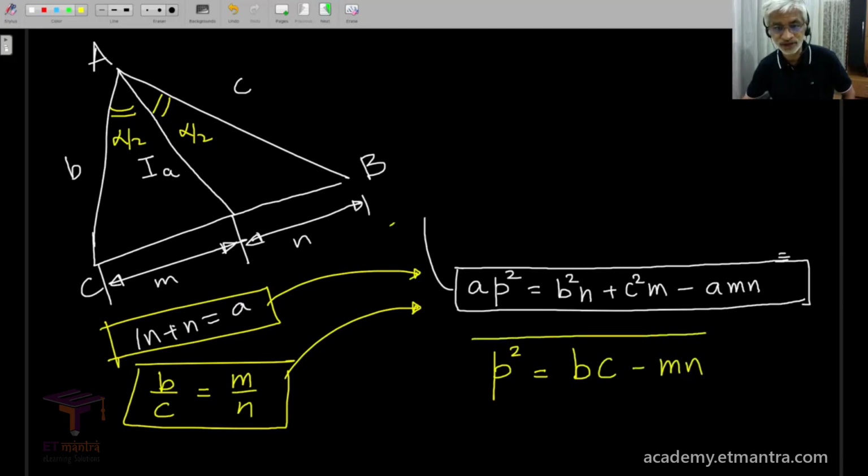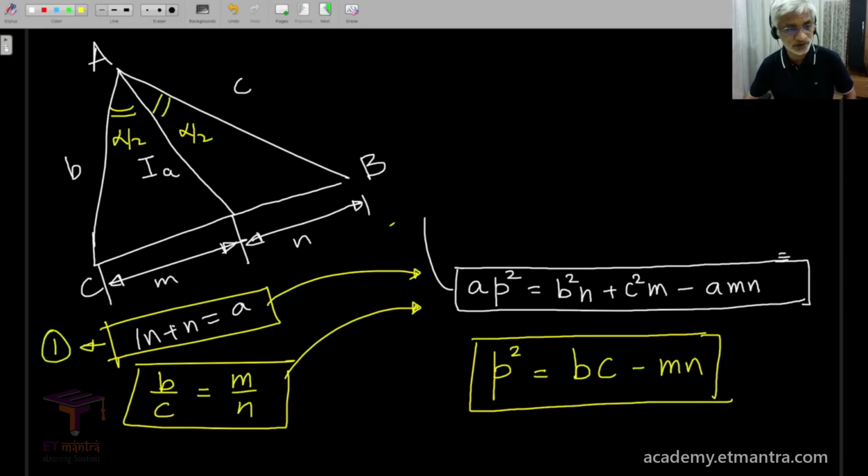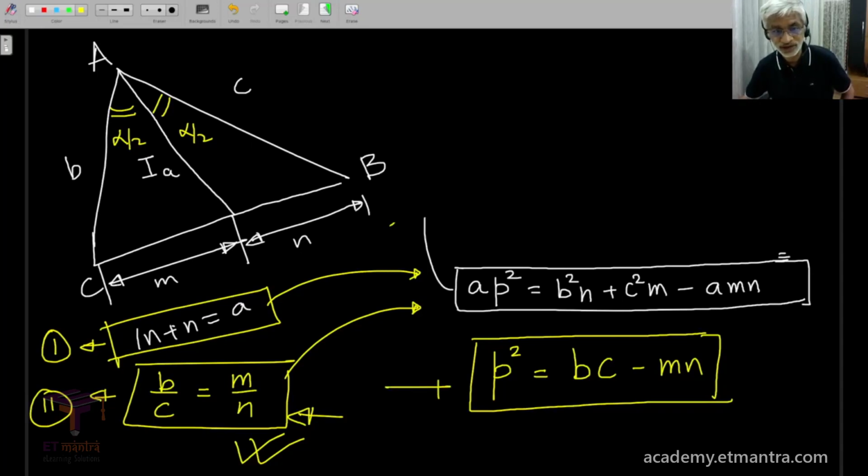So I'll leave the simple algebraic manipulations to you, and I assure you that I've done it, and all you need to do is use this formula and this formula. Now this by itself is very interesting. It's one of the properties of the angle bisector that comes into play in many interesting problems. So we'll get back to this. In fact, I would like to do a quick proof of this towards the end of this video, but for now I just tell you that this is the formula where P is an angle bisector.